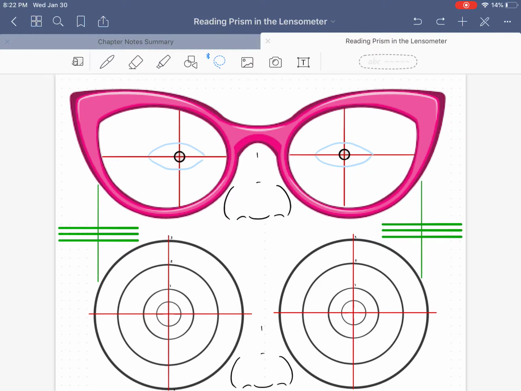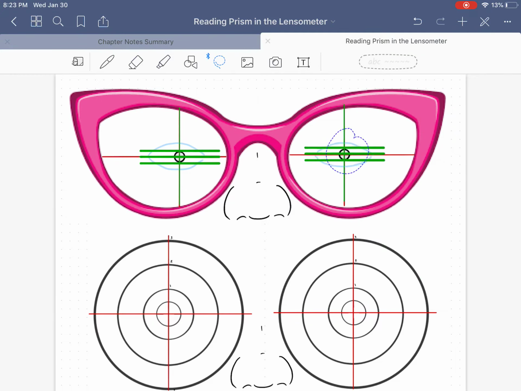So you remember before they were right here at the center of the spots. That means the optical centers are located right over top of their eyes.